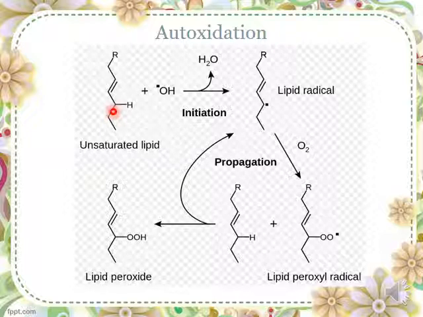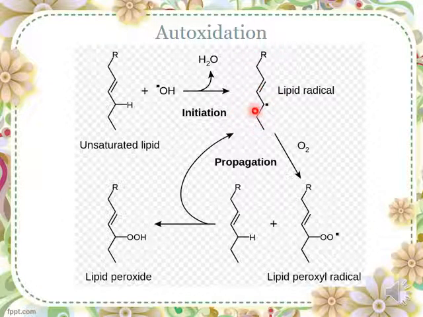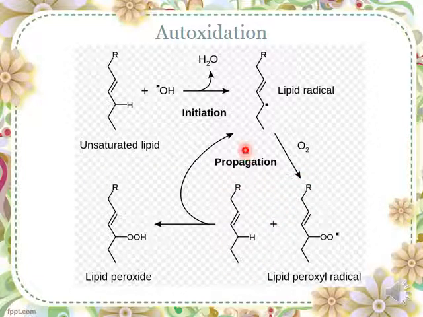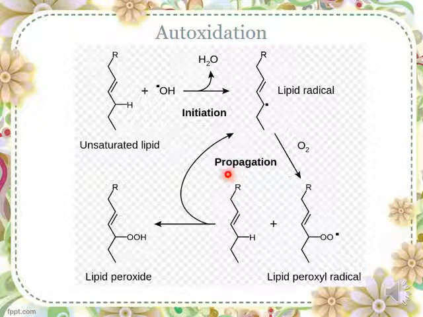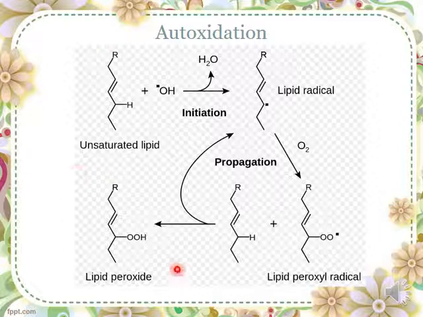When it is initiated in the presence of enzyme or metal ion, it will form an alkyl radical, and this alkyl radical will propagate in the presence of oxygen from the surroundings to form a lipid peroxy radical, and then it will combine with another unsaturated fatty acid by the abstraction of a hydrogen atom to form a peroxide.